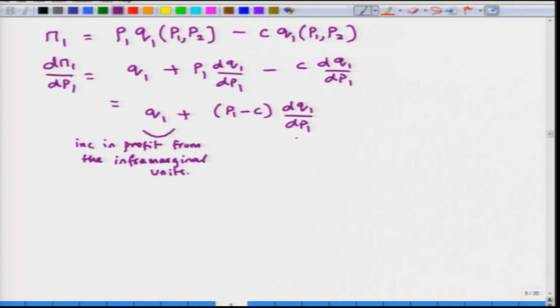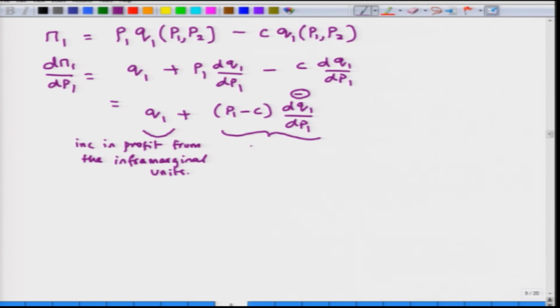The second term, which is actually negative because dQ1/dP1 is negative because the demand curve is downward sloping, essentially tells us what is the reduction in profit from the lost sales. So, when P1 increases, the quantity demanded of good 1 falls, and for each one of those units the margin was P1 minus C, but because those units are not sold, I have lost an equivalent amount of (P1 minus C) times dQ1/dP1.